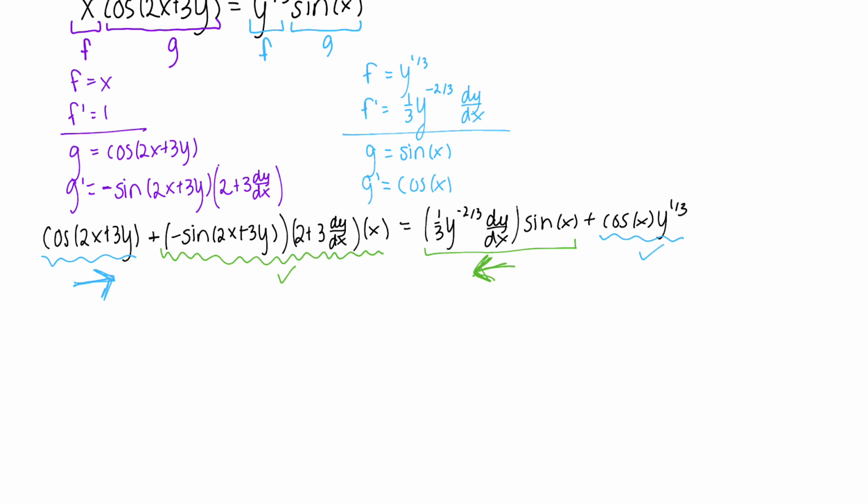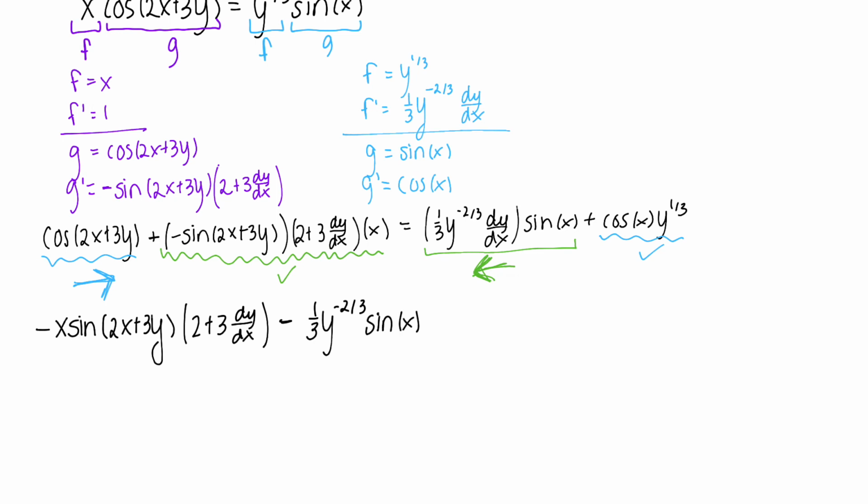So I'm going to move this x in front of here. So we have negative x sine of 2x plus 3y times 2 plus 3 dy dx minus 1/3 y to the negative 2/3 sine x dy dx.